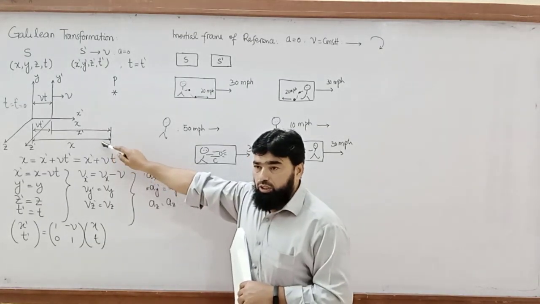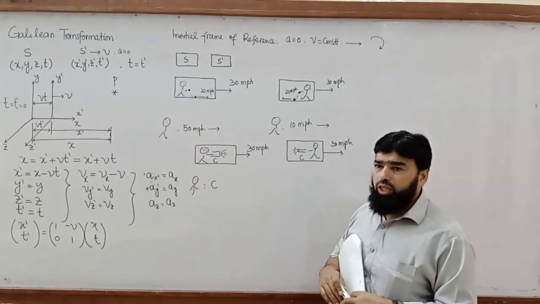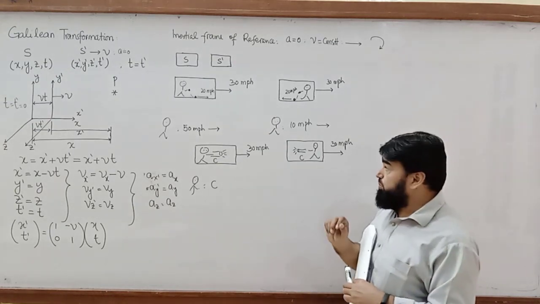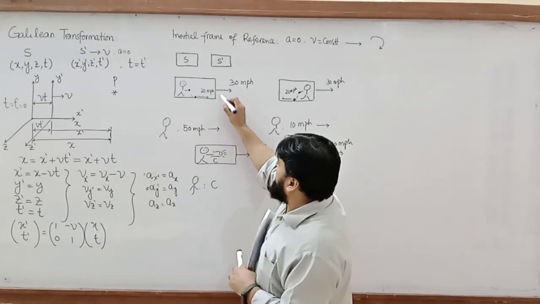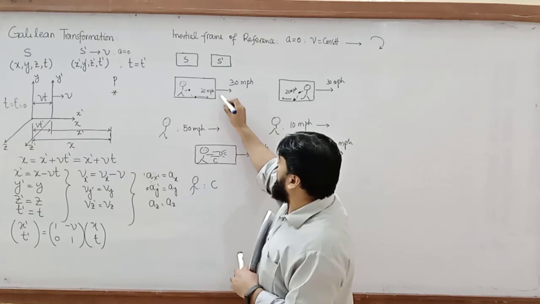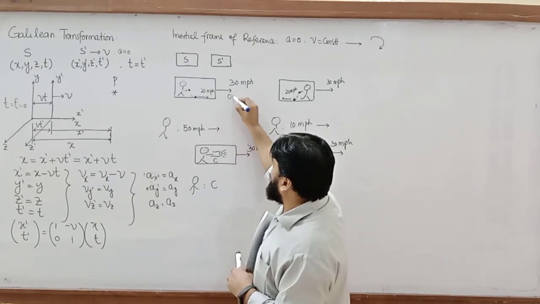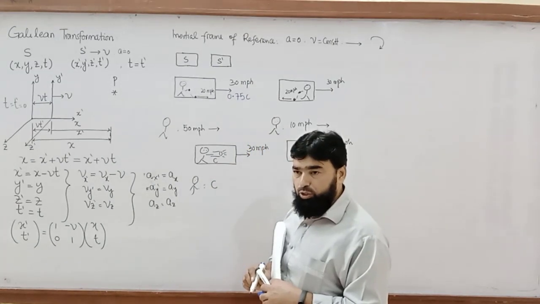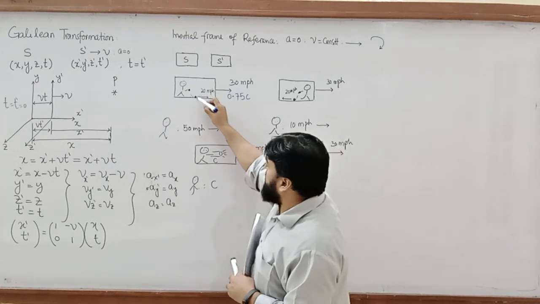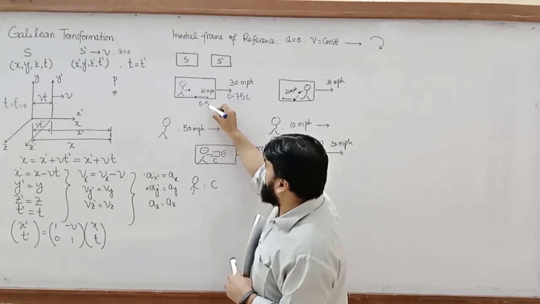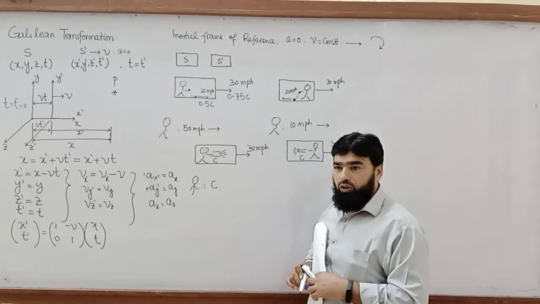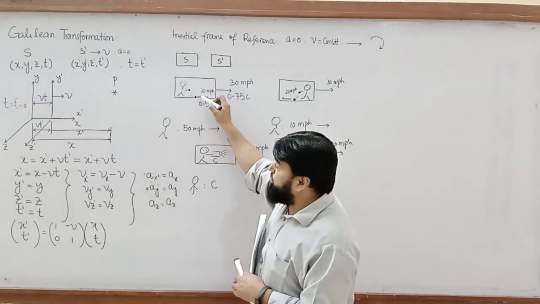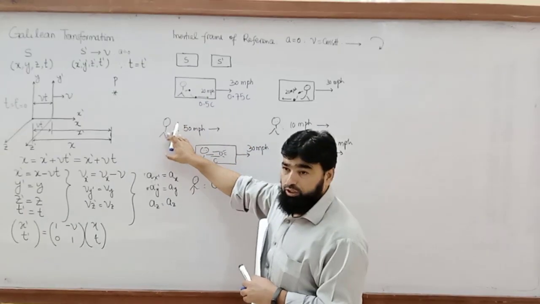So we consider another example. Now let's say that this frame is going at a speed which is closer to the speed of light, let's say 0.75 c. And he rolls the ball at, let's say, 0.5 c. So what should be the speed of the ball according to the Galilean transformation?